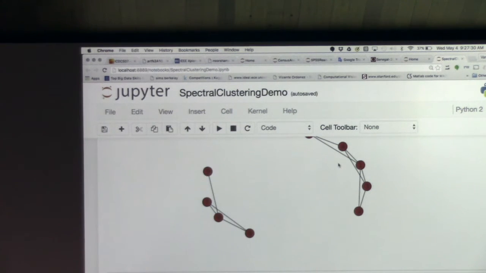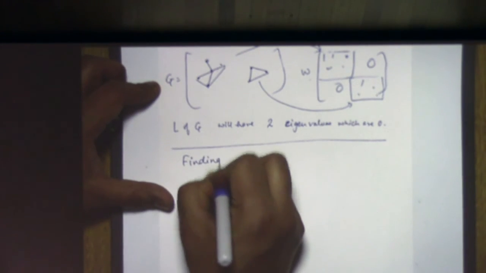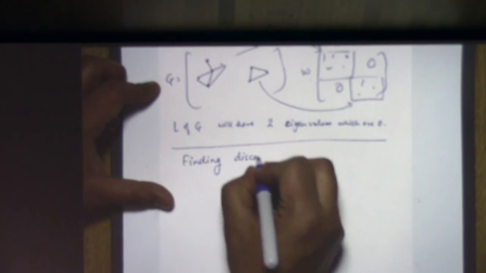So what you do is you first do the eigenvector analysis of the Laplacian matrix, right? So let me give you this algorithm for finding disconnected components.